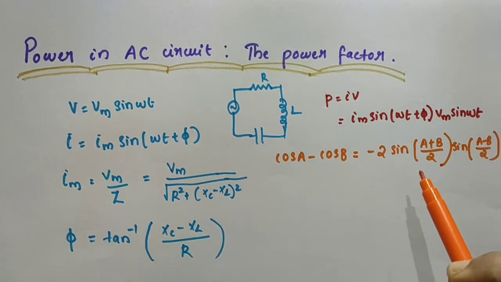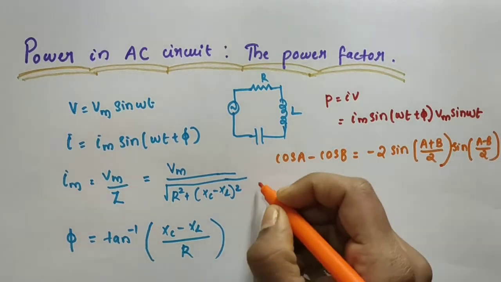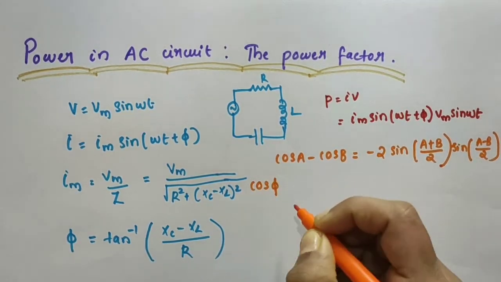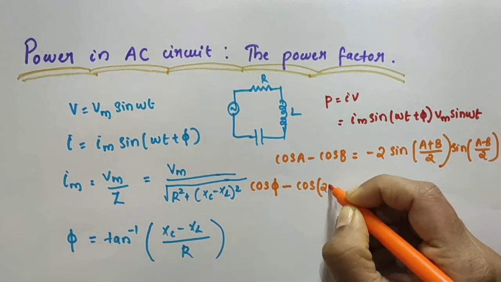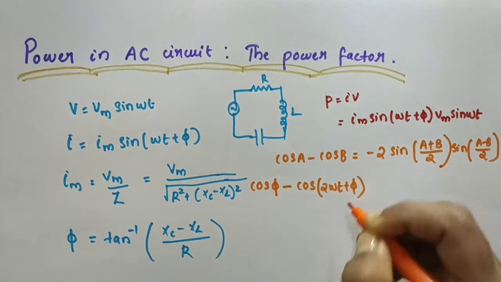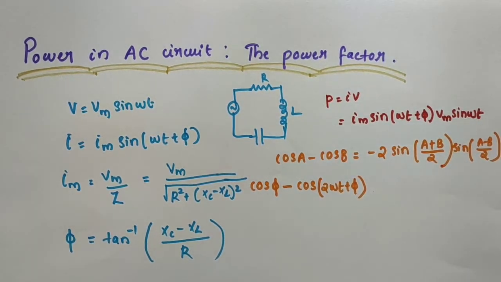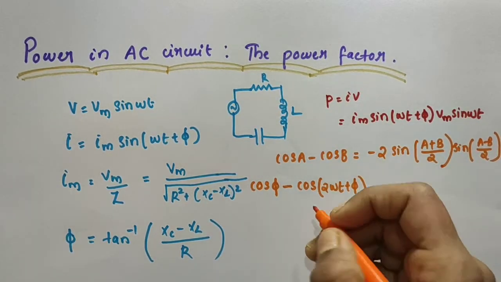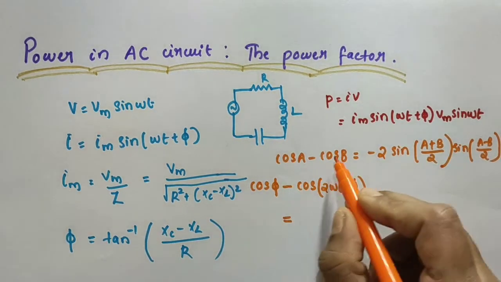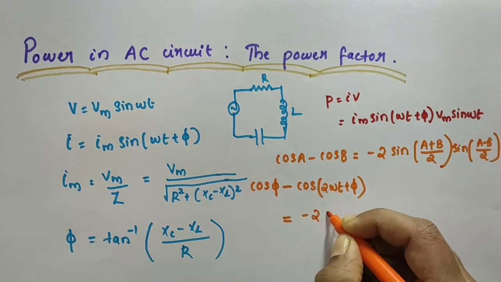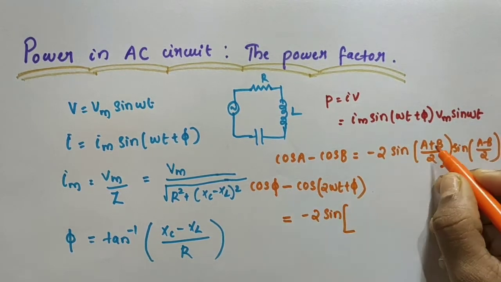So, what about cos phi minus cos of 2 omega t plus phi? Cos phi minus cos of 2 omega t plus phi. What will be its answer? This will be equal to, you see, cos A minus cos B. So, minus 2 sin of A plus B by 2.